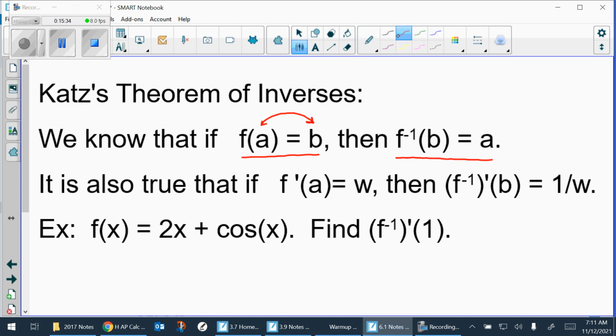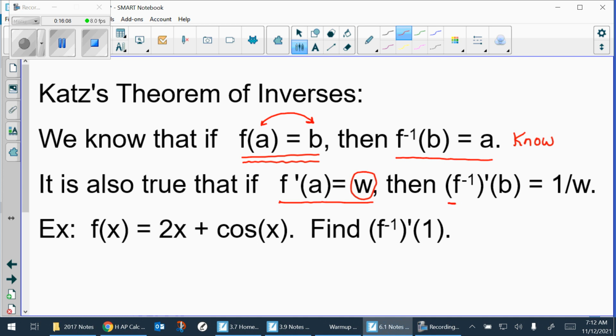Let's try it again. But now something that we don't know. This is what the theorem says. The theorem says if we take the derivative at A, if I find f primed at A, and I find that the value of that derivative, I'm going to call it W. I'll call it W because I like it.